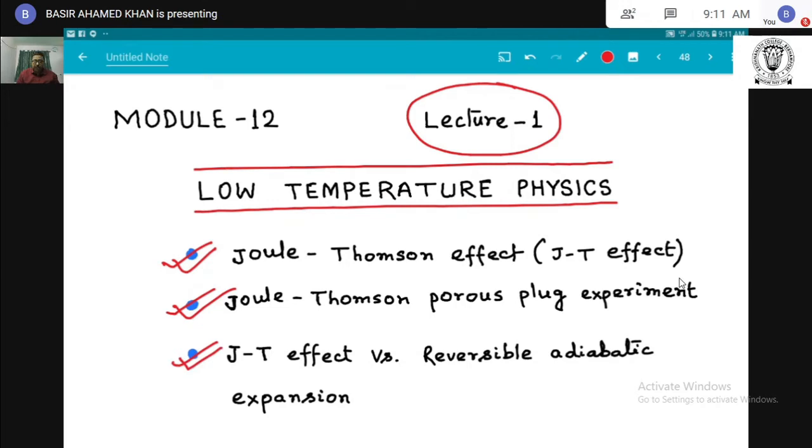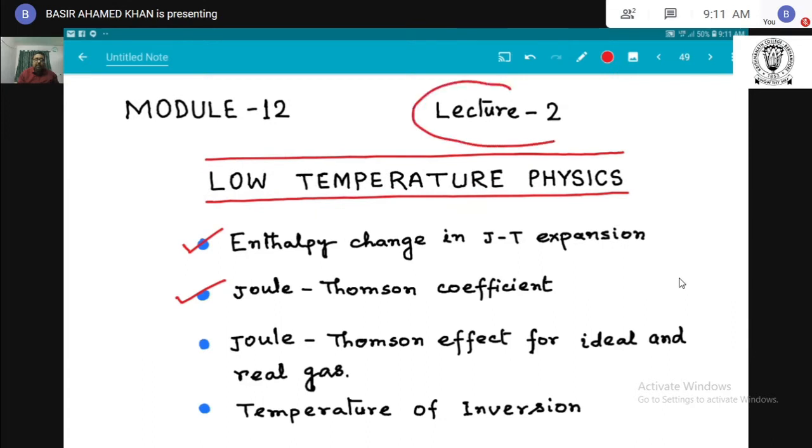In lecture 2, I have discussed enthalpy change in JT expansion, or enthalpy change in Joule-Thomson expansion, and the Joule-Thomson coefficient.